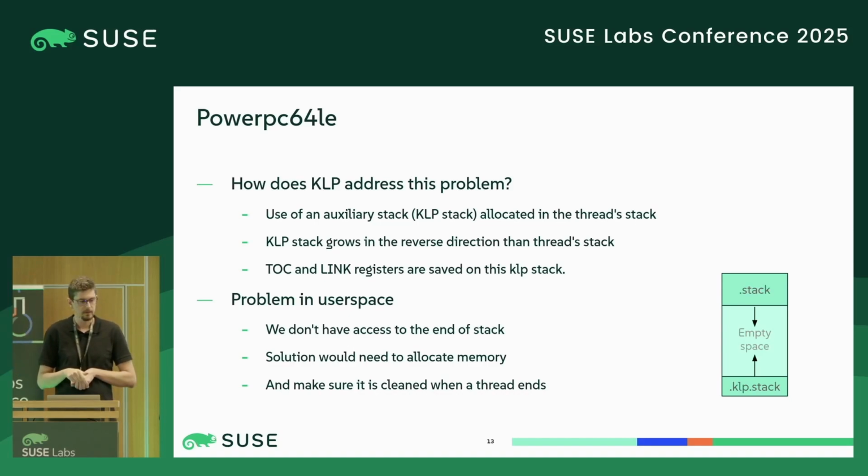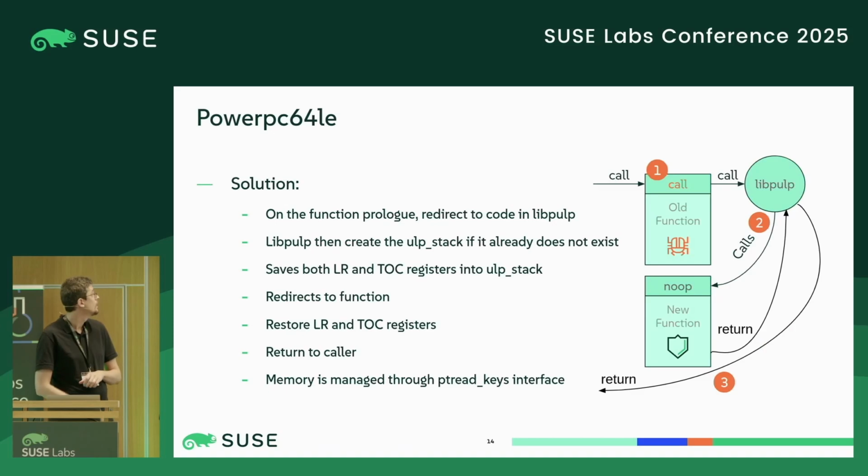This works, but in userspace there's no way we can find the end of the stack pointer, so we can't do this sort of approach. The only way around it is to allocate our stack on the heap itself, per each thread. Not very interesting, but that's what we got.